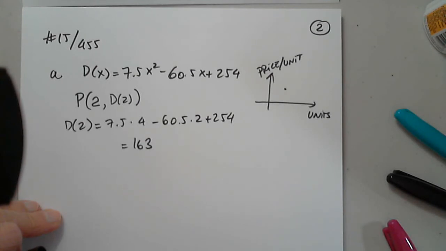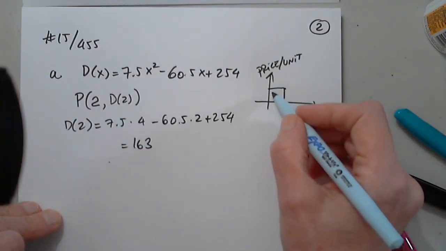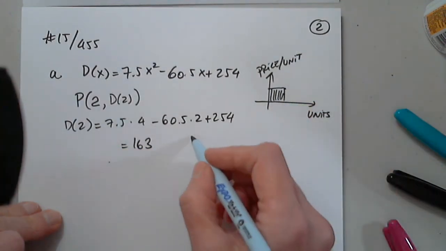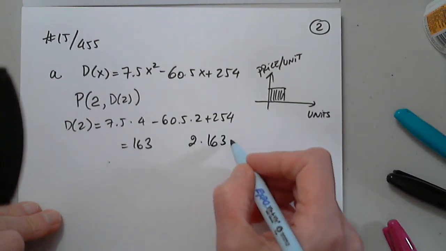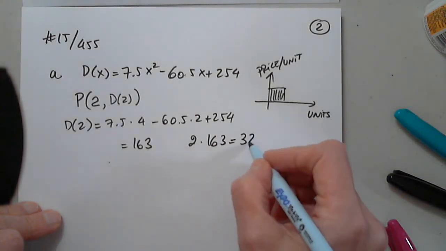Okay, so I need to multiply this by 2 right away. Why by 2? Because remember, that's the area. So the area here, this rectangle, will be 2 times 163, and that was 326.